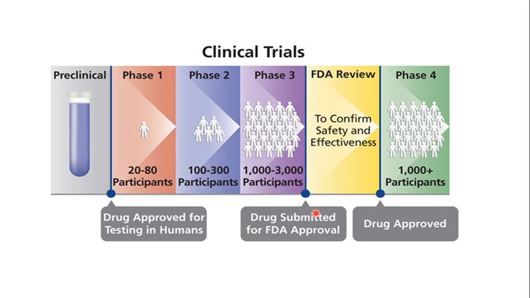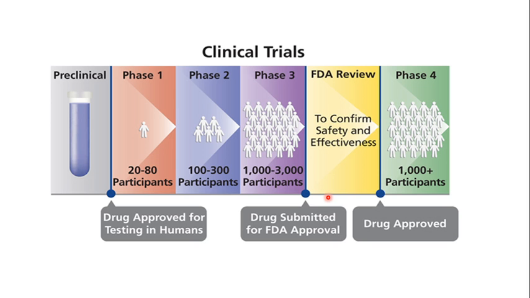When a drug clears all of these 3 phases of the clinical trials, it is submitted for FDA approval. Once a drug has cleared all of these 3 phases, you have to submit a very complex documentation system to the FDA, where the FDA reviews the safety and the effectiveness of that particular drug.